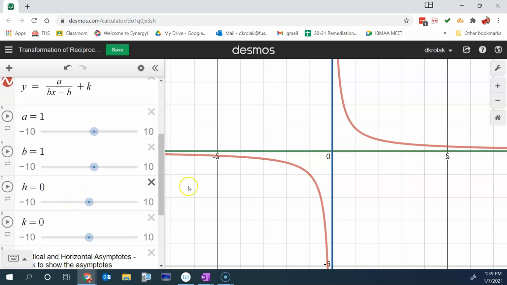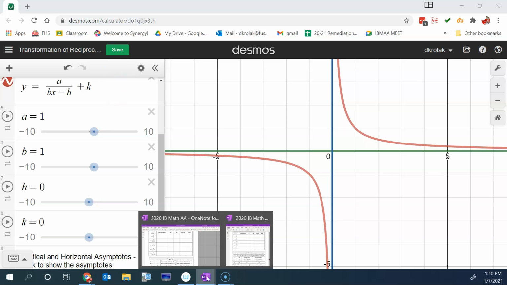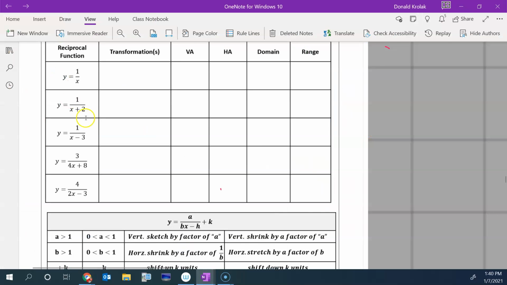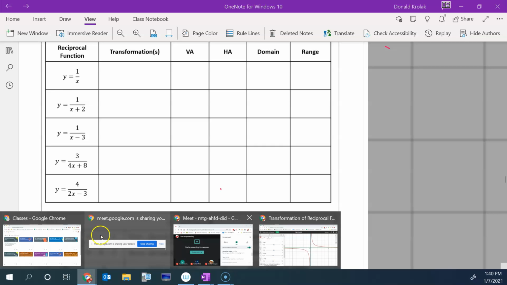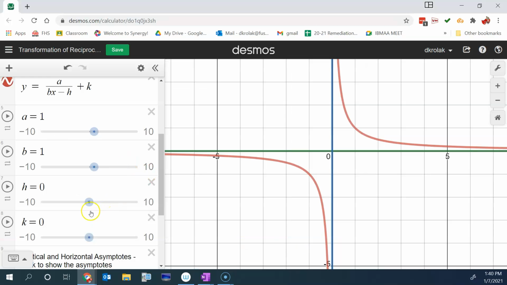All right. Now, I'm going to take H and move it to, what are we looking at? 2. I'm going to go plus 2. Okay, so I'm going to move it to 2. So take the H and move it to 2 and watch how the graph changes.